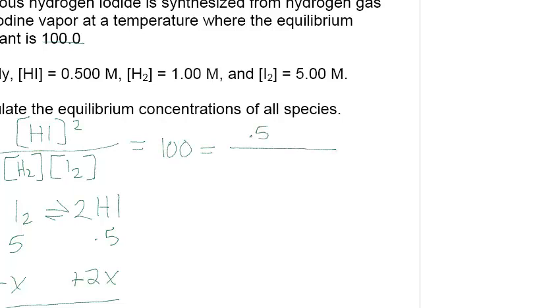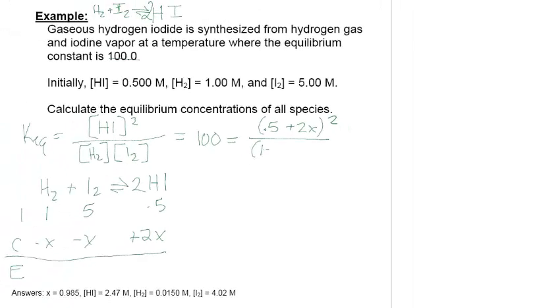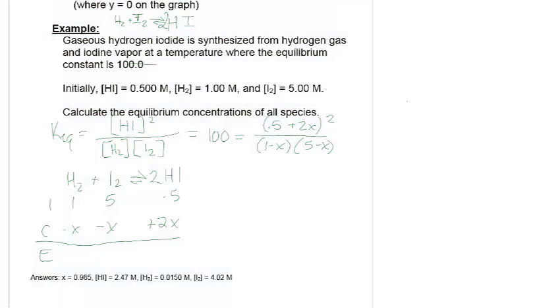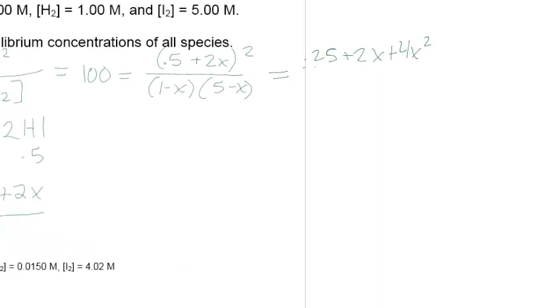So that'll be 0.5 plus 2x squared on top, and 1 minus x and 5 minus x on bottom. You would then want to expand this and figure out exactly what you've got on top and bottom. And it looks like we would have 0.25 plus 2x plus 4x squared on top. And in our denominator, it would be 5 minus 6x plus x squared.